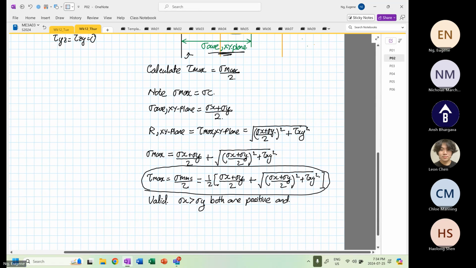And stress Z is equal to 0, and shear XY, which is equal to shear YX, is not equal to what? 0. Okay, then this is true.